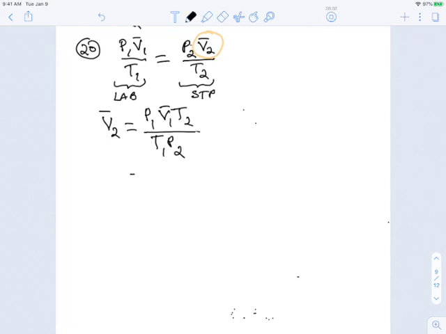All right, here we go. We said that the pressure for our gas in our lab conditions was 735.4 torr.